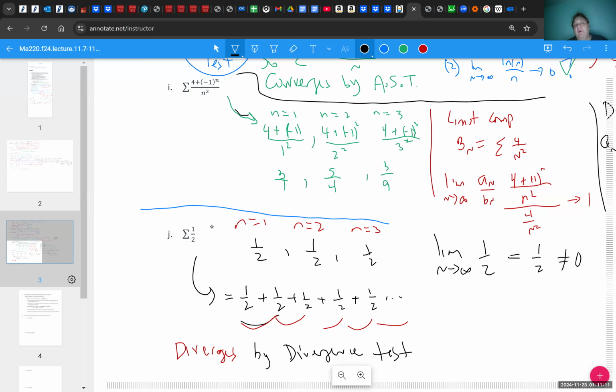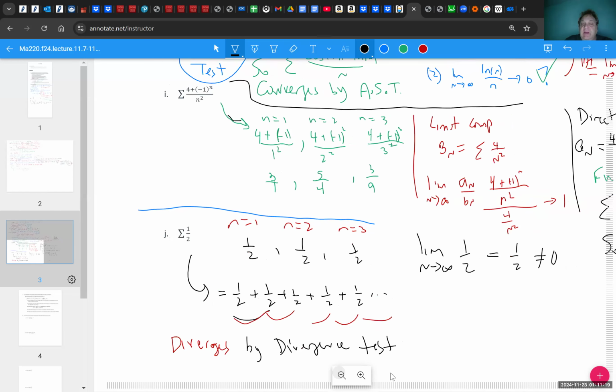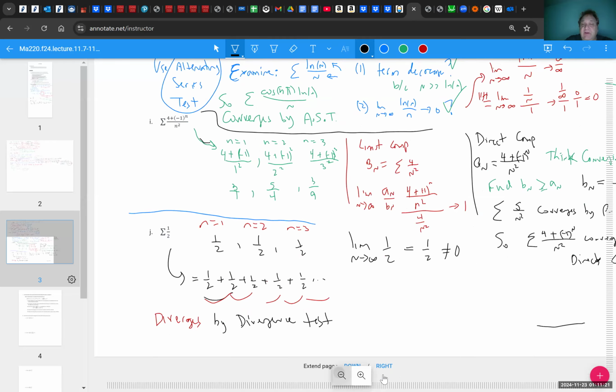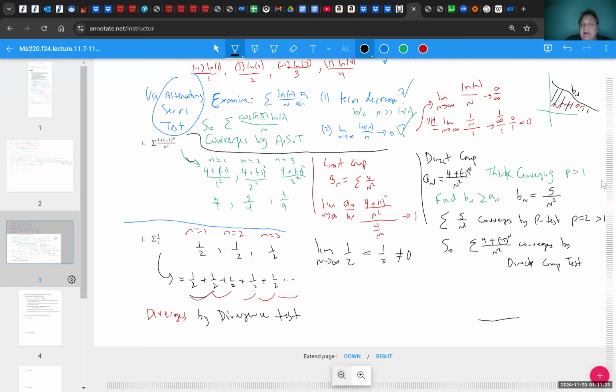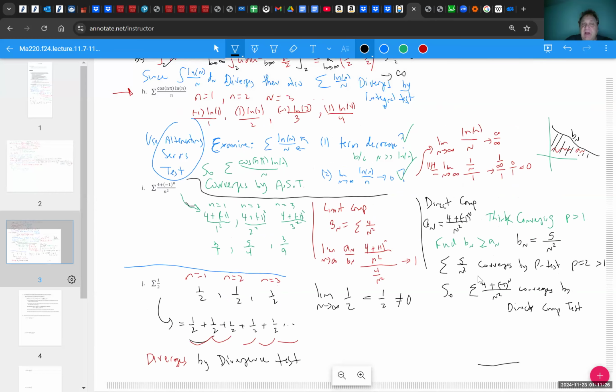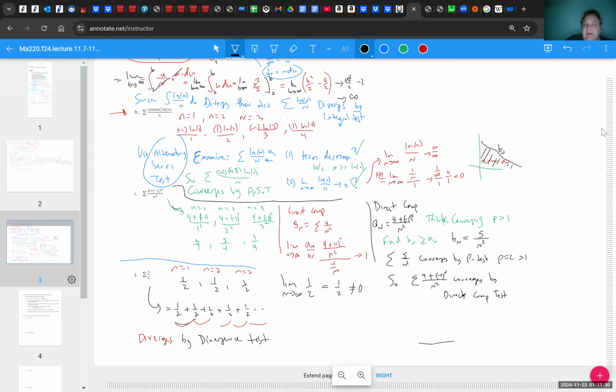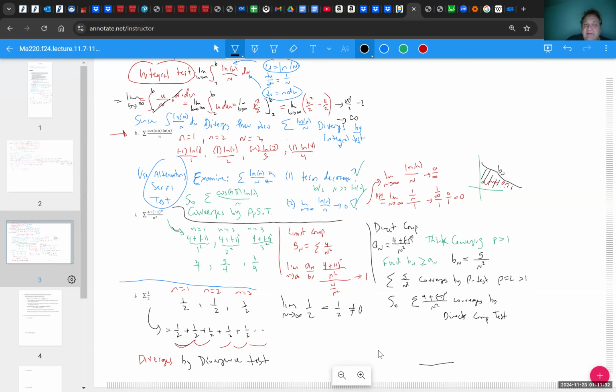Okay, so there were a whole bunch of examples of trying to think about which divergence or convergence test to use for any particular series that you're being asked to evaluate. I tried to give examples of each of the 8 kinds of series tests that we learned in this class.